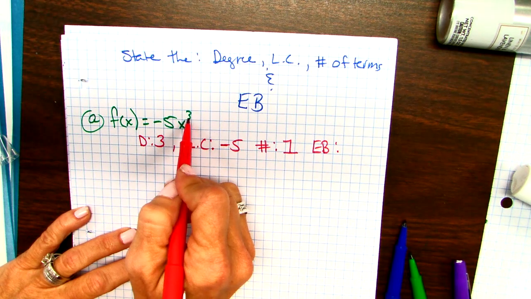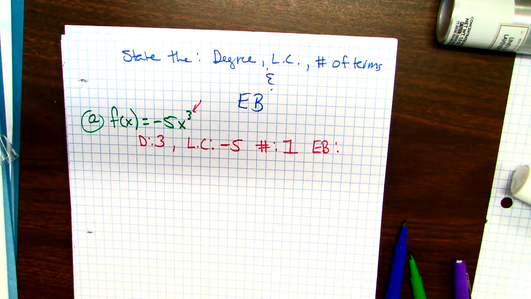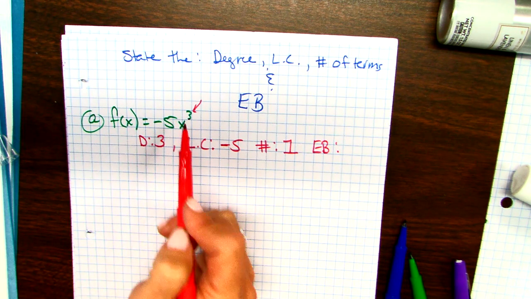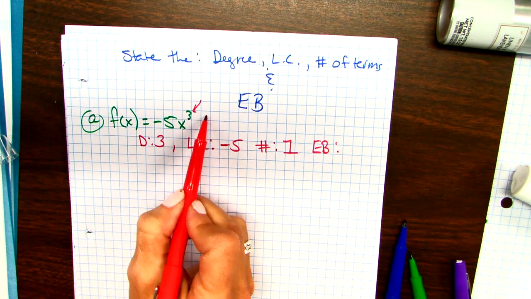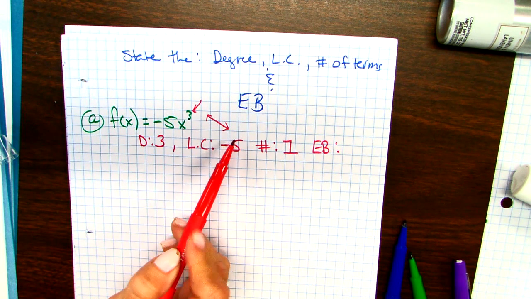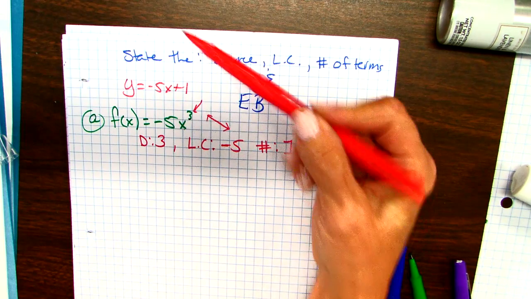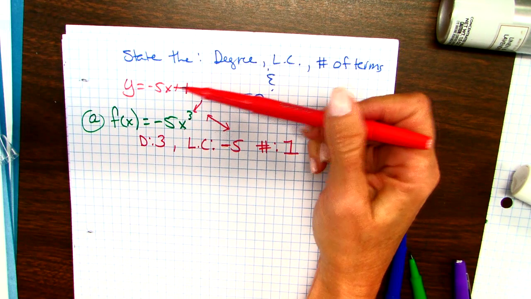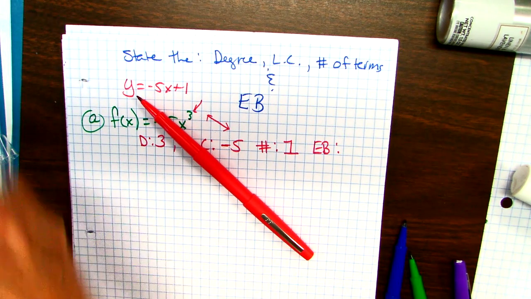It's odd, right? This is where I go first. Odd, opposite. So I know it's either up, down, or down, up. And you either memorize or do what I do. Like I said, odd is just like a line. So if this was a negative 5x to the first, it would fall as we went left to right, like a negative slope, right? If I asked you guys to graph this, you'd have a y-intercept of 1 and a slope of negative 5 over 1, and your graph would go like this because it's negative.